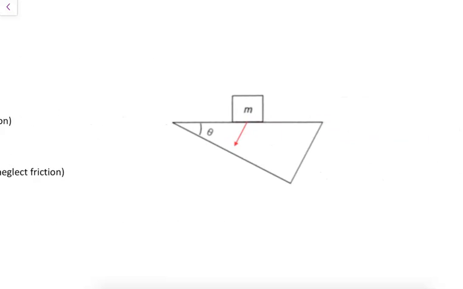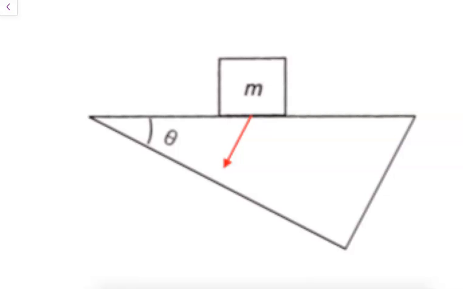So we're going to look at it kind of like this, where this was our force of gravity. This was our force of gravity, because we know that this is going to be moving down the slope. So it must have a net resultant force acting this way, because that's the direction it's going to accelerate.